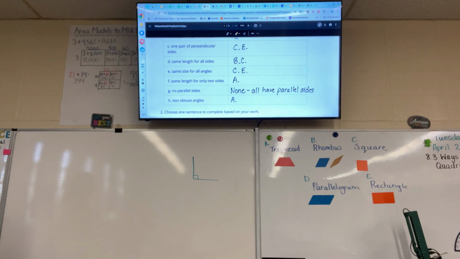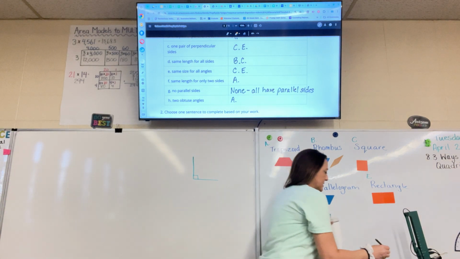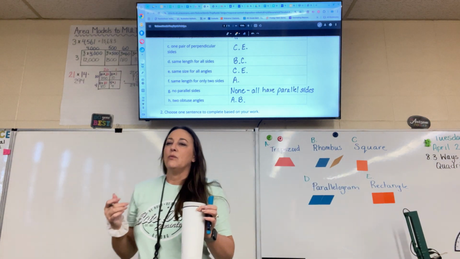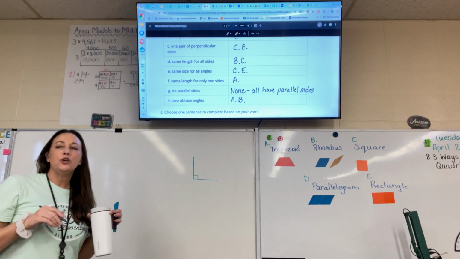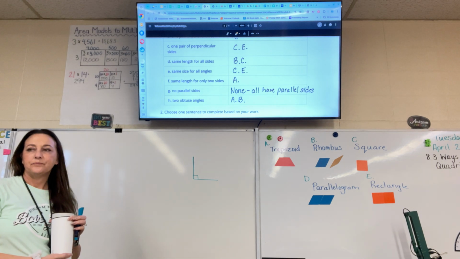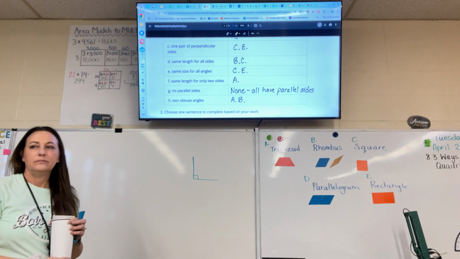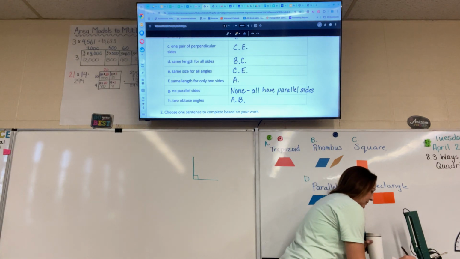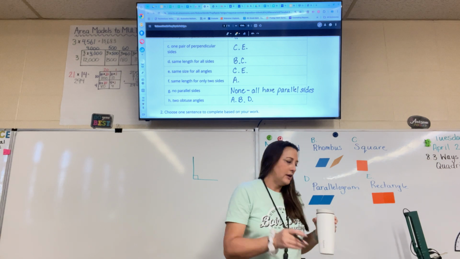Brayden, give me another one that has two obtuse angles. Rhombus. And Armani, give me one more figure that has two obtuse angles. D. D, yes, parallelogram, good. So put yourself a tally mark, there you go.